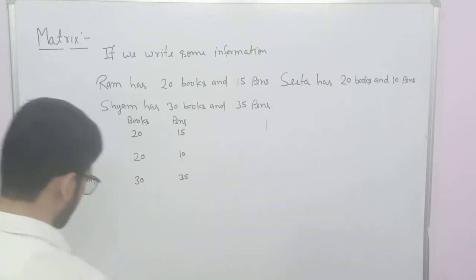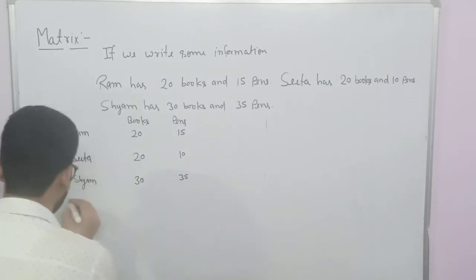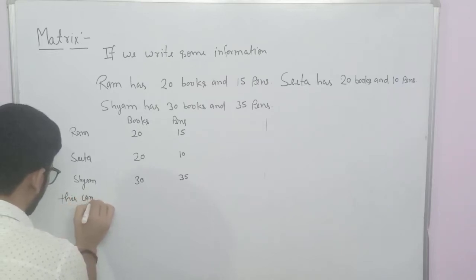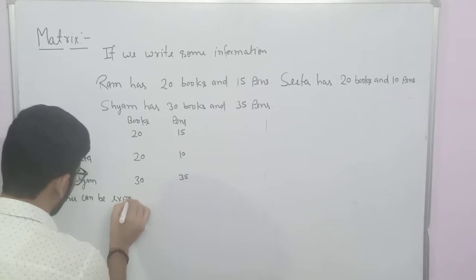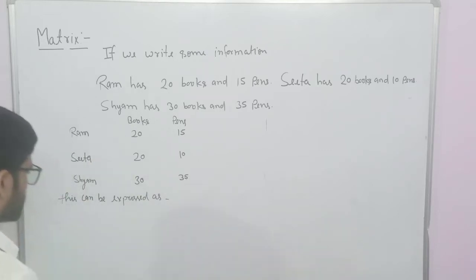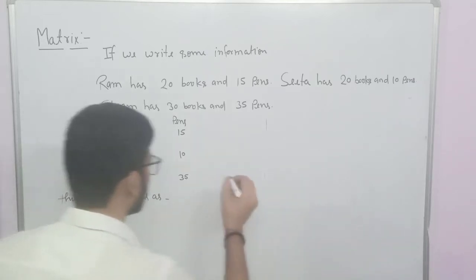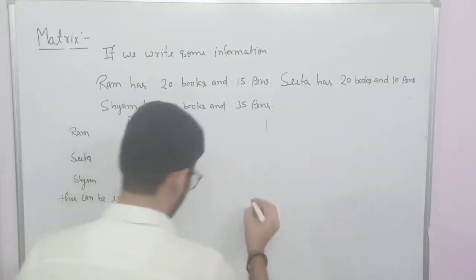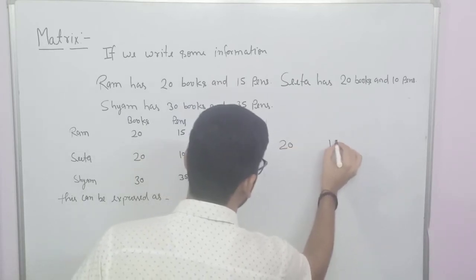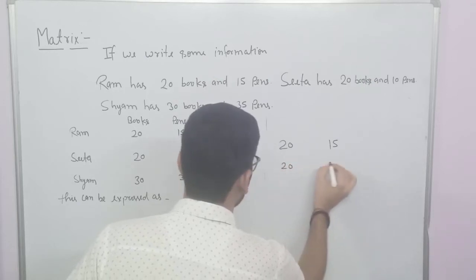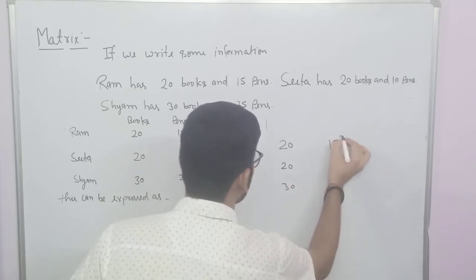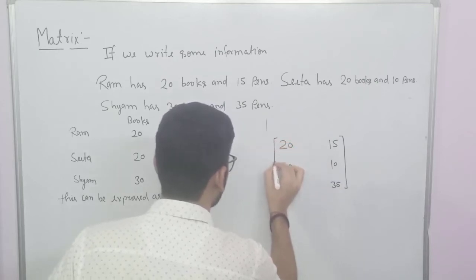So this can be expressed like this: 20, 15, 20, 10 and 30, 35. This is the information written in tabular form.